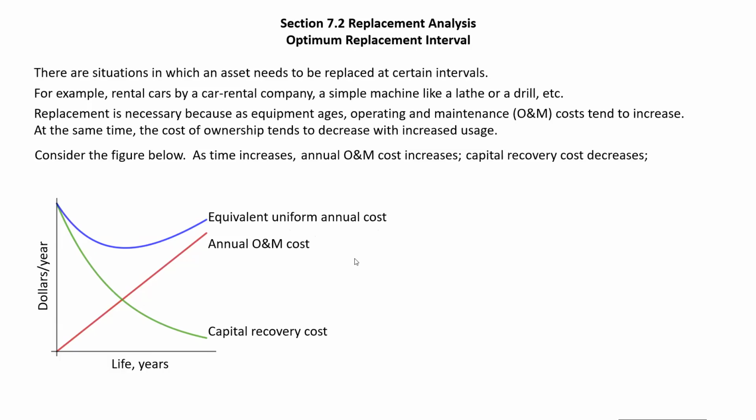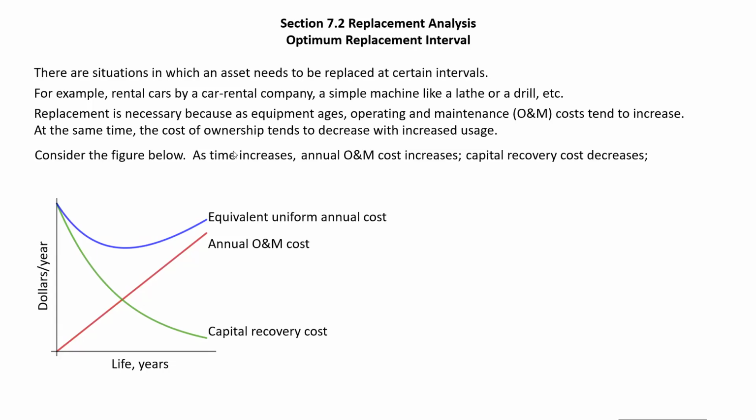Cool. Now comes the important question. By the way, before I ask the question, let's go back and see what this section was about. It is about optimum replacement interval. When is the perfect time to replace your asset with a newer one? Right? That's our question.